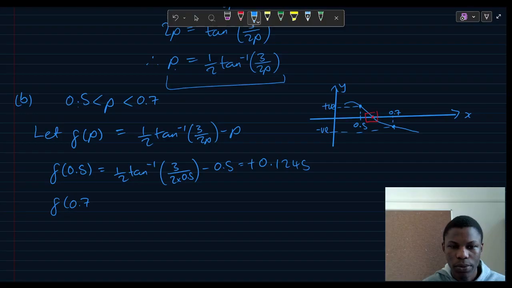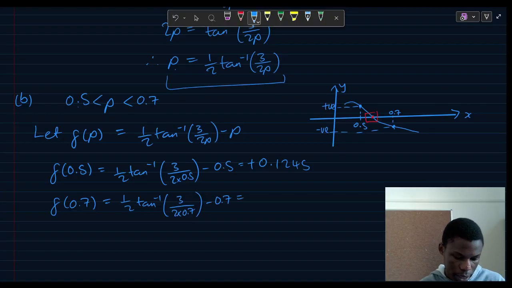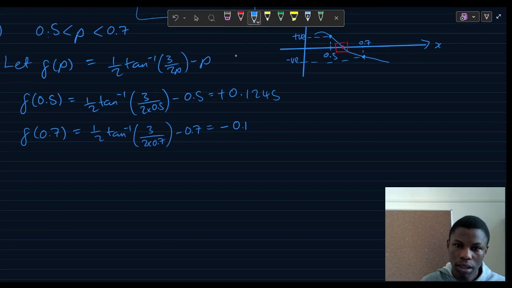And then f of 0.7 is equal to half arctan of 3 over 2 times 0.7 minus 0.7 is equal to negative 0.1329 and so on.